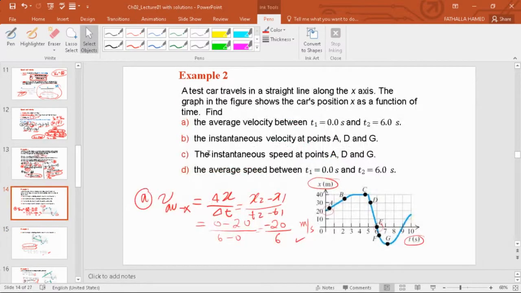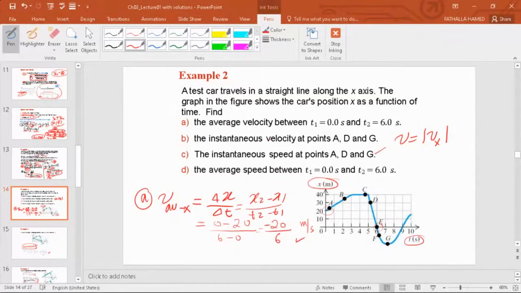The second question here, and I will do B and C in one, asks for the instantaneous velocity at points A, D, and G. And in C, they ask about the instantaneous speed at points A, D, and G. And remember, I told you that the instantaneous speed is the absolute value of the velocity.